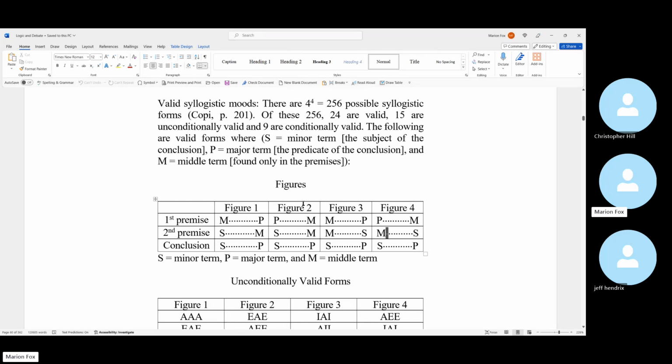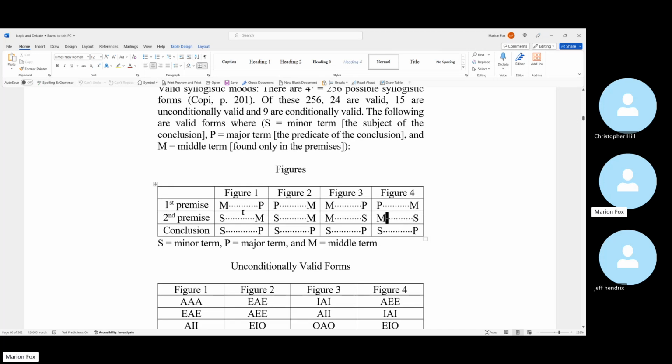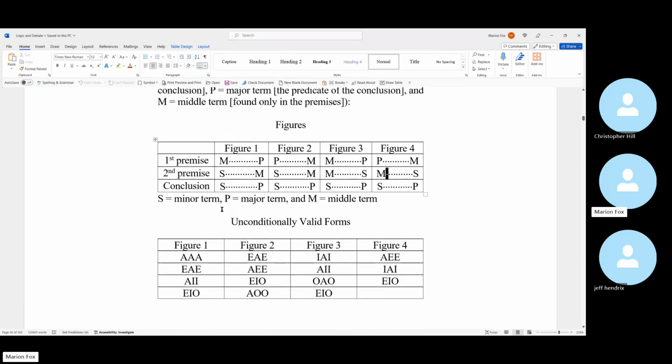And so these are how they are put into it. And notice the conclusions are all S and P. They're the same. Now, right here is unconditionally valid forms. AAA in figure 1 is valid, but it's not valid in any other form. So we can get what's valid, what's not valid from this.